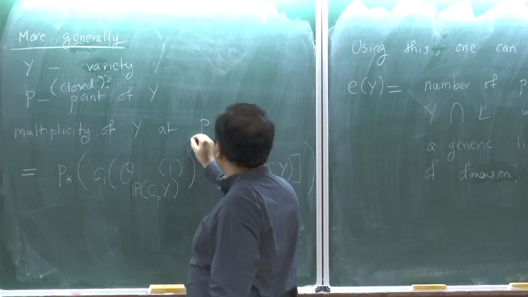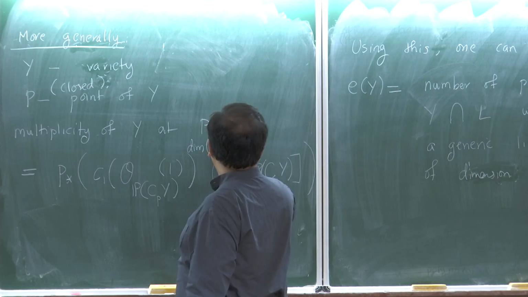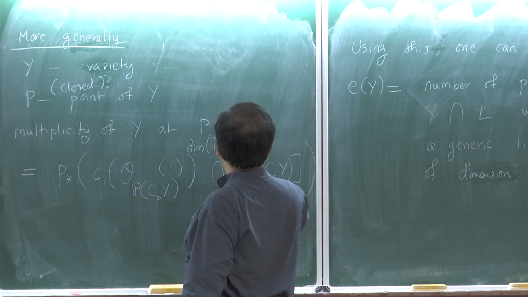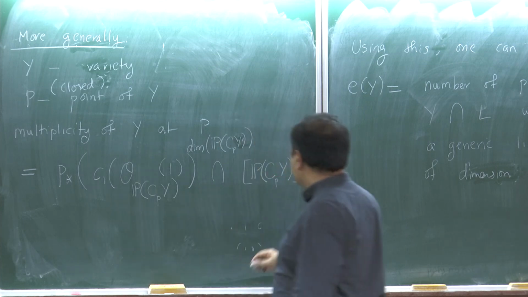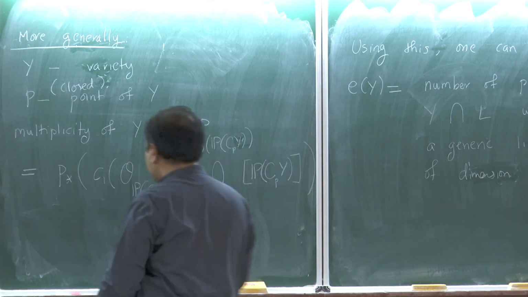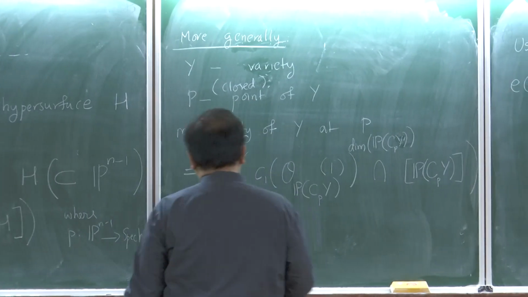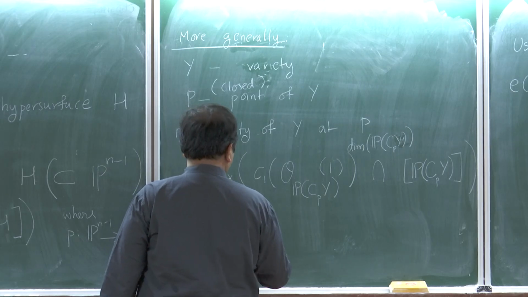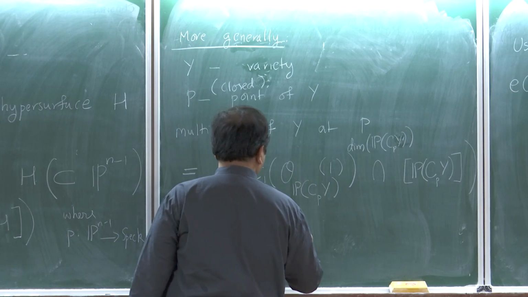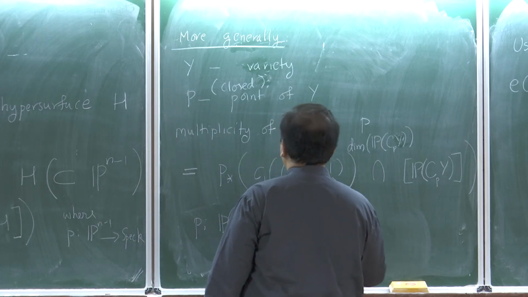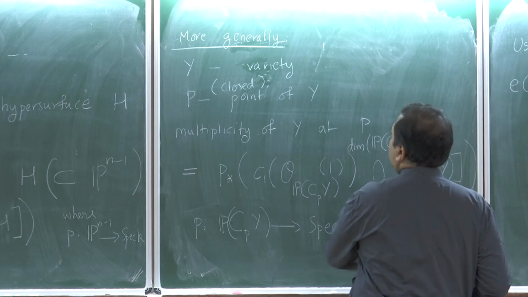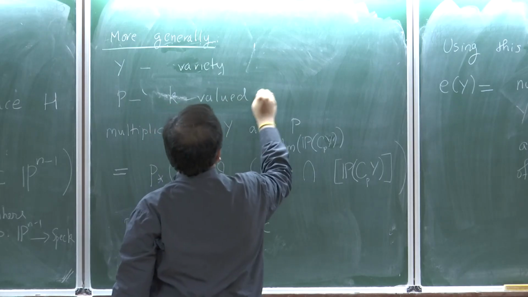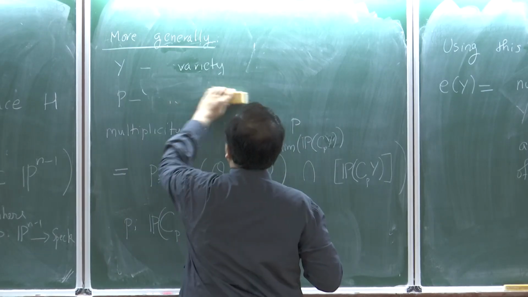Let's just write whatever it is: the dimension of P, where P is going from P C_P Y to Spec of k-valued point, or let me just say closed point.